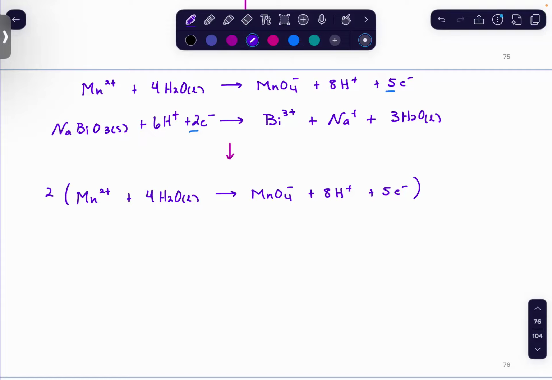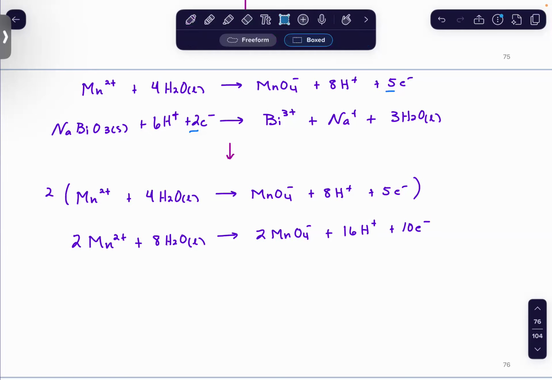And that's going to give me 2 manganese, 8 waters, 2 permanganates, 16 protons, and 10 electrons. Now, my second equation is going to need to be multiplied by 5 to get to 10 electrons.